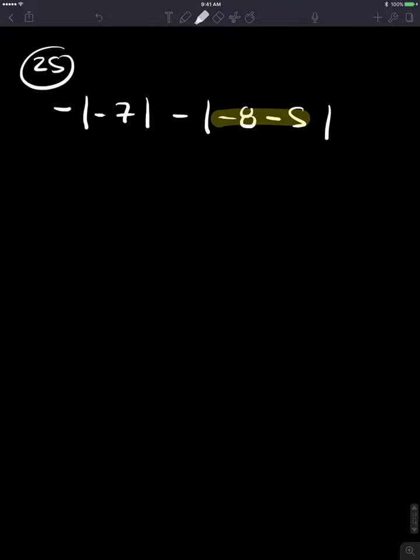We have to have a single number. Absolute values are not parentheses, but we have to determine the value that's inside before we can perform an absolute value. Negative 8 minus 5 is negative 13. That's what's inside this absolute value.